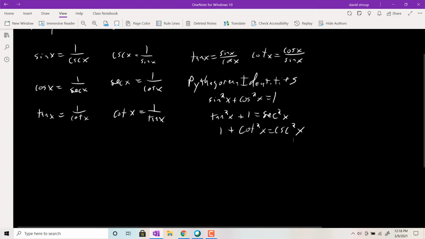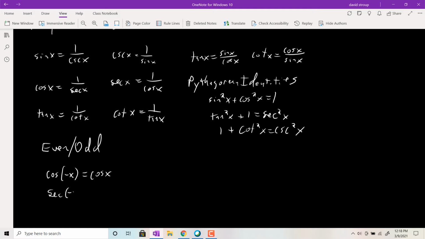Then the even and odd identities. Basically, the only ones that are even are going to be cosine and secant. So cosine of negative x is equal to cosine of x, and secant of negative x is equal to secant of x. Everybody else is odd. So sine of negative x is negative sine of x.